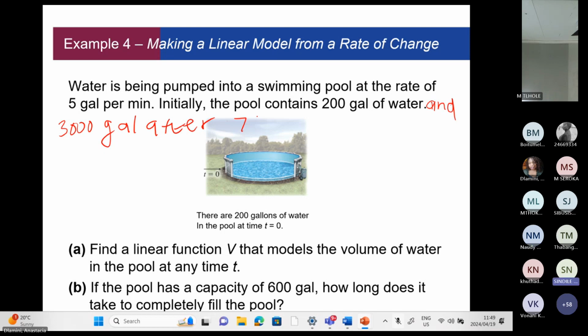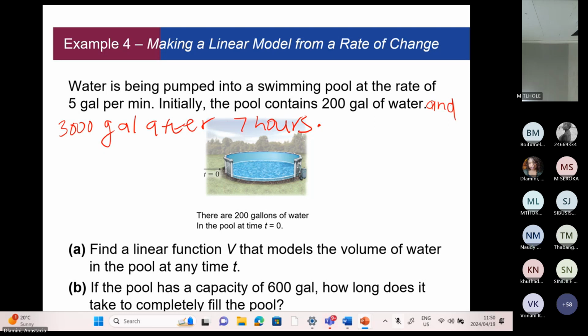And then, are we still together, guys? Yes, we're together. Then number three, we write the linear function V that models the volume of water in the pool at any time. That is the equation: V is given by 5t plus 200.